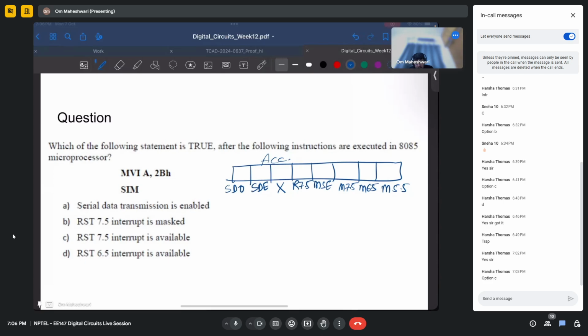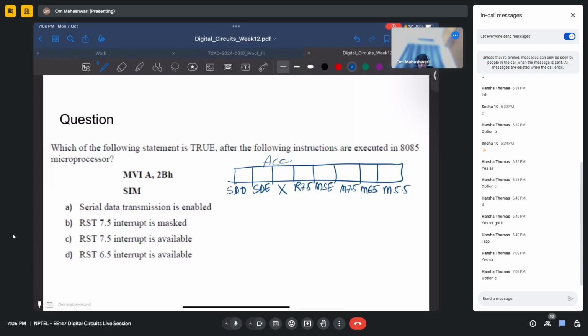So we have MVI A, 2BH. So 2B will be stored in accumulator. So 2B is 0010 and B is: A is 10, B is 11, C is 12, D is 13, E is 14, and F is 15 in hexadecimal.